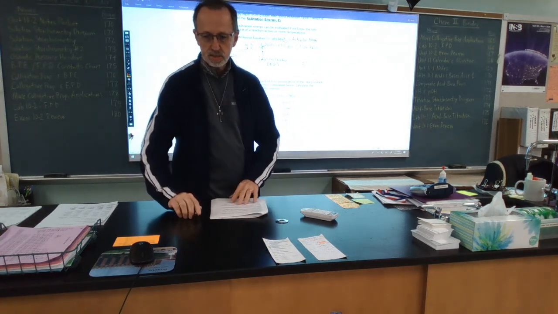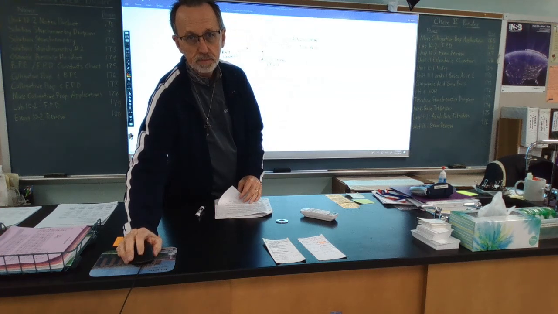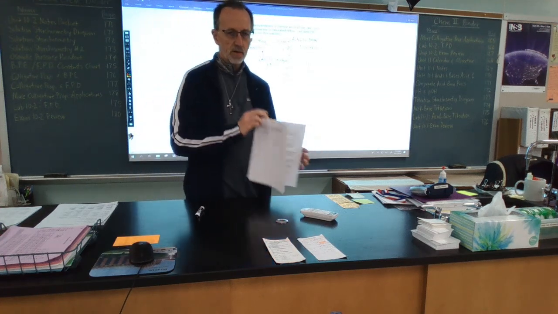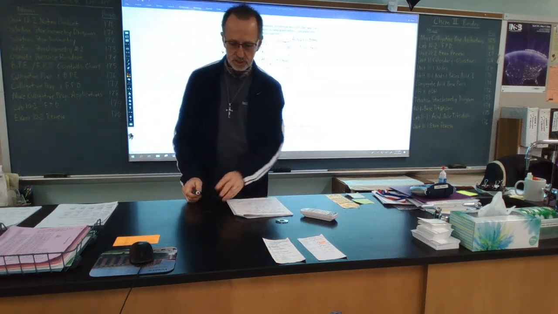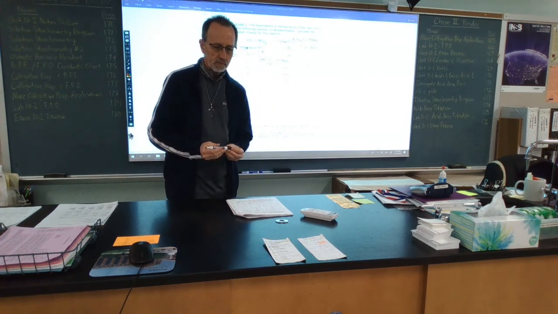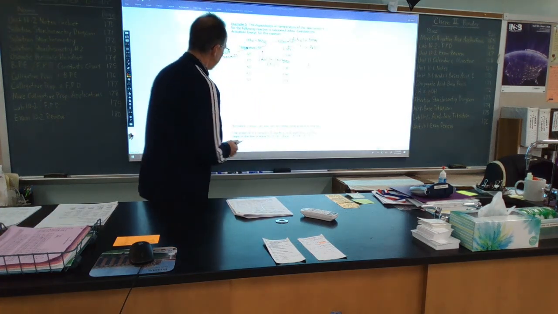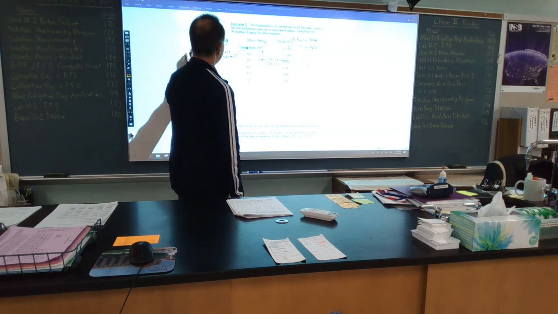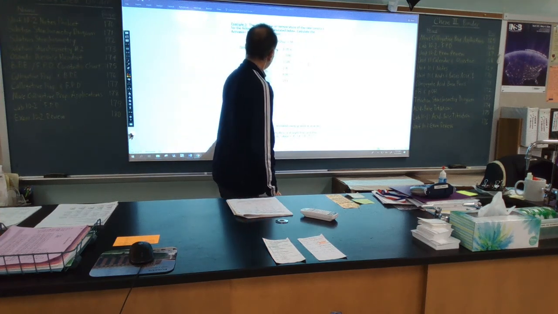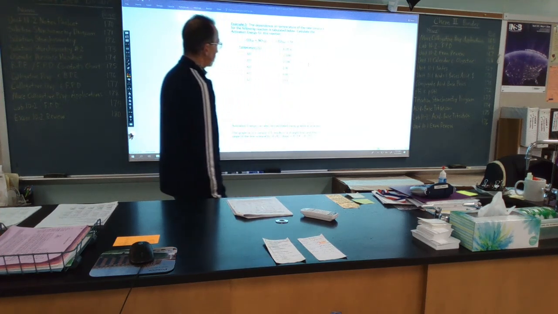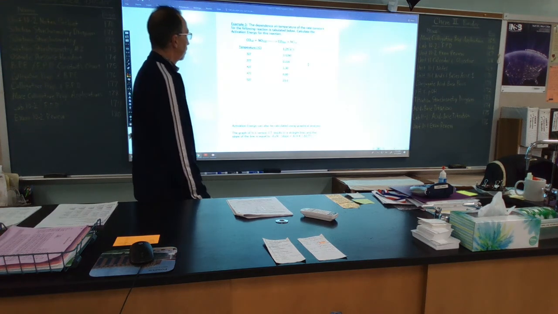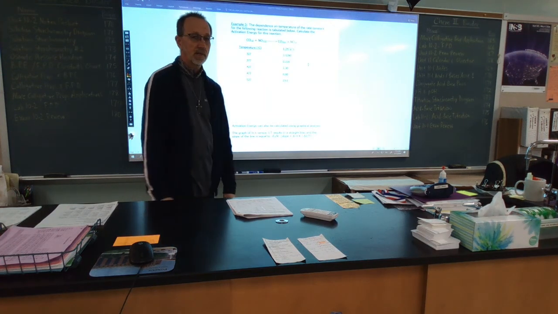So let's go on to the next page here. Now we're going to use the Arrhenius equation to determine the activation energy for this reaction. The temperature and the rate constant for the following reaction are given below.